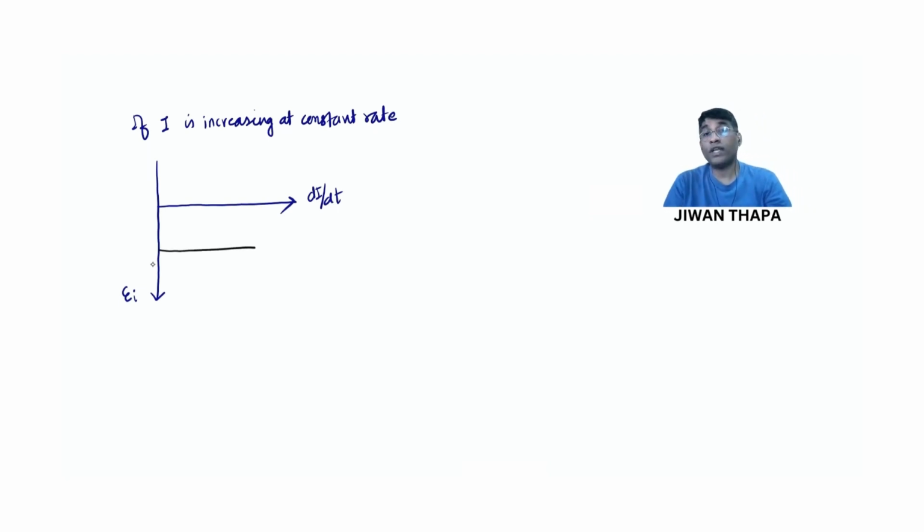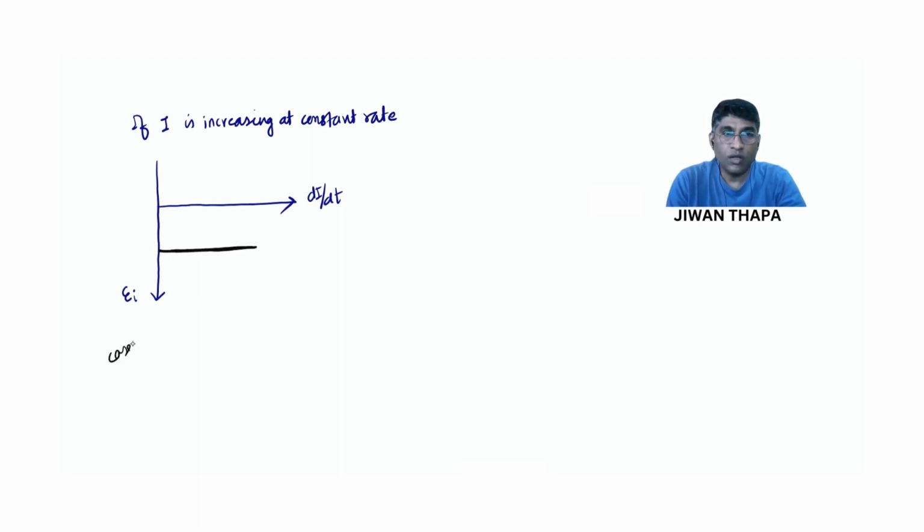The plot of induced EMF with di by dt when I is increasing at a constant rate is this. So we have a straight line parallel to di by dt.